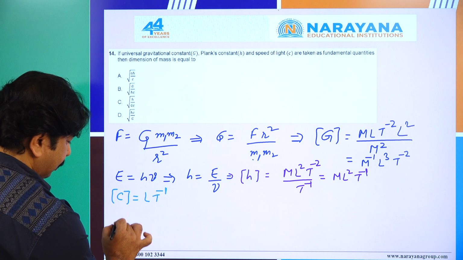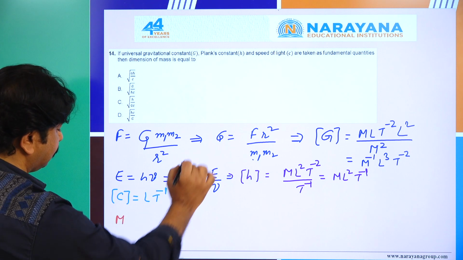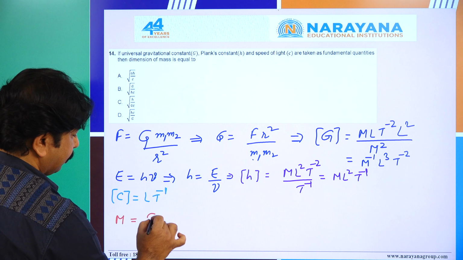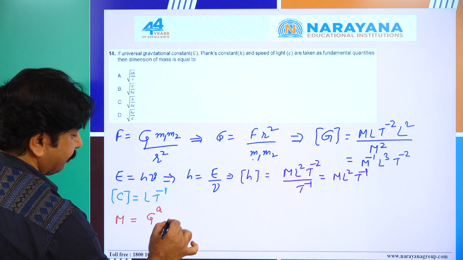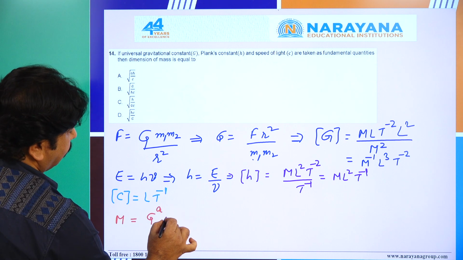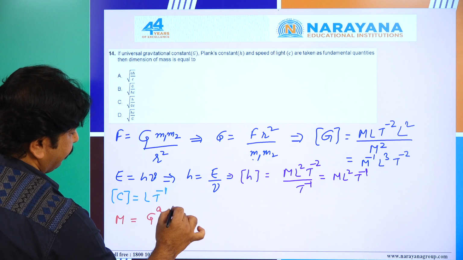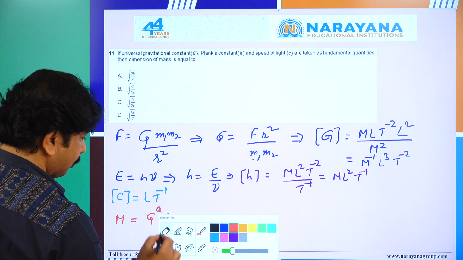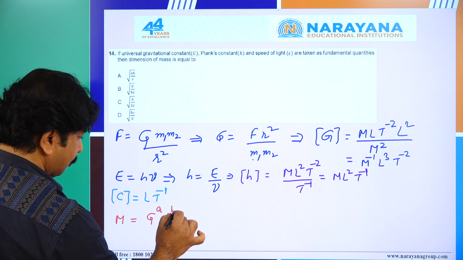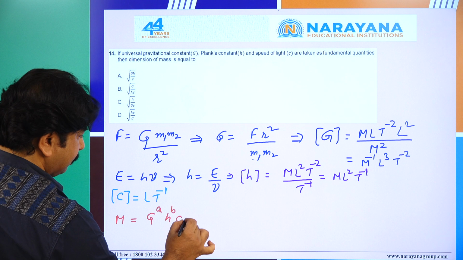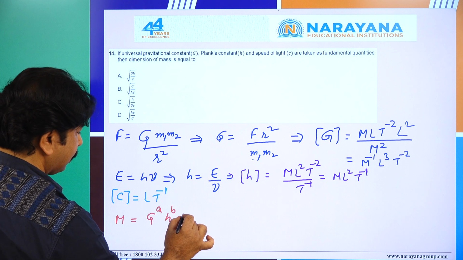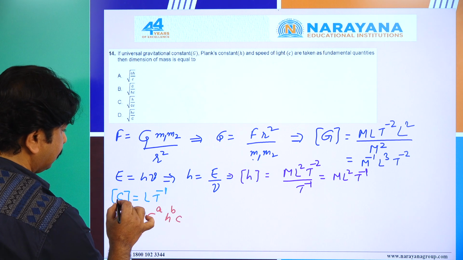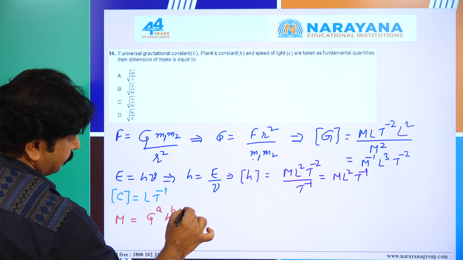So generally mass is equal to, we can write the general formula, G power a, h power b, and c power c, where c is the speed of light.